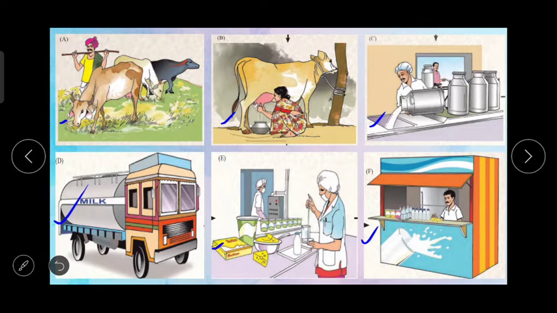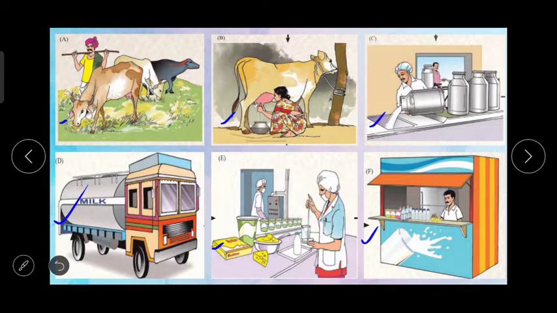So this is figure 10.1, and pictures A, B, C, D, E, F are the pictures in this figure 10.1, and the heading of this figure is human occupations. I'll go for the questions.